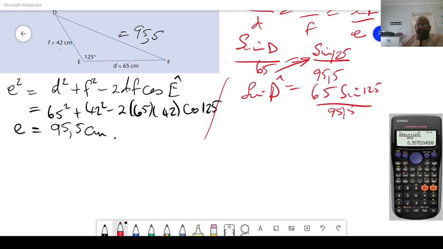So that gives us a ratio of 0,5575, and the number carries on. So angle D is going to be arc sine of 0,5575, and that number carries on, of course. Okay.